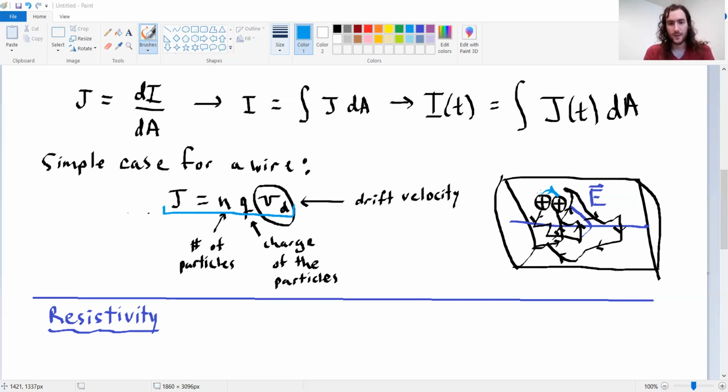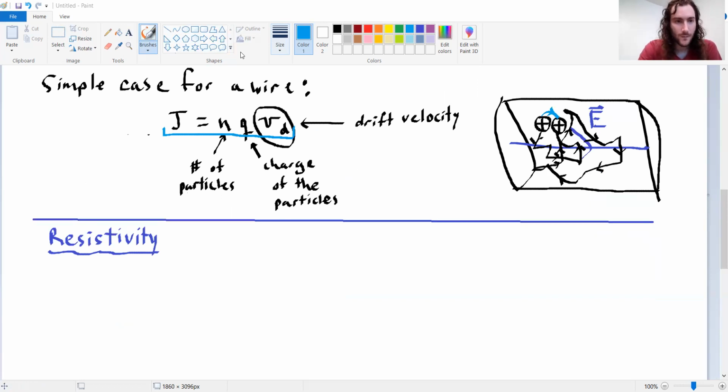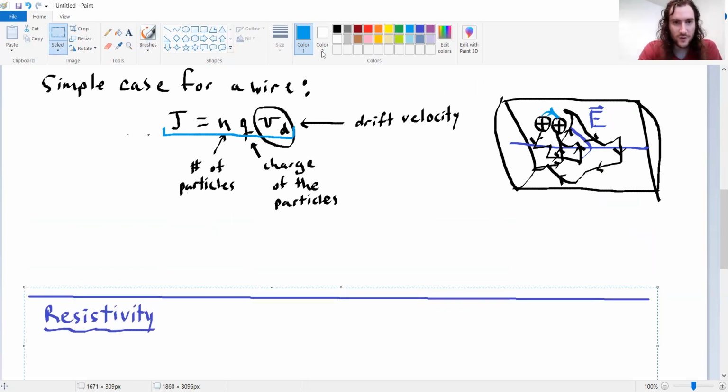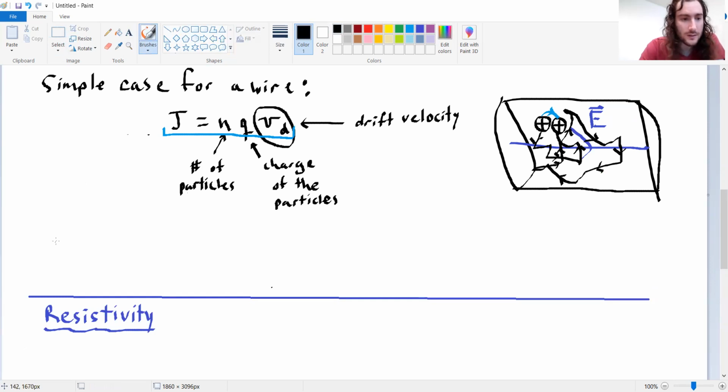And so that acceleration eventually becomes zero, and you reach a terminal velocity. And that terminal velocity is called the drift velocity. There's one more thing to say about that before we go to the next section. And that is that the drift velocity is very small compared to the random motion of the particles. So V d is very small.